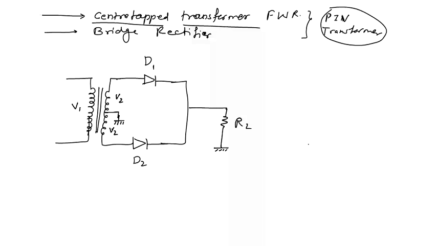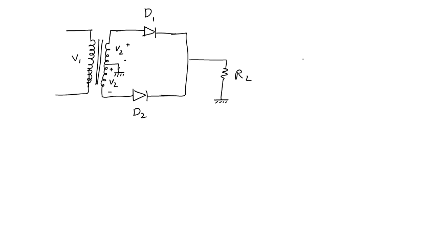Now in this circuit, during the positive half cycle of input, the polarity of the input will be like this. By seeing the polarity, we can easily say that the diode D1 will be forward biased and diode D2 will be reverse biased here. So during the positive half cycle, D1 is forward biased and D2 is reverse biased.